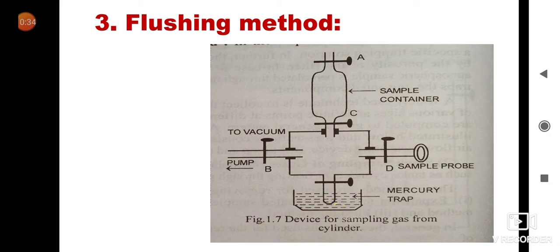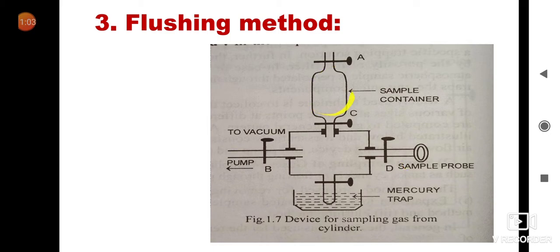The sample probe consists of a long tube which is inserted into the container from which the gas is removed. In between, there is the delivery line, which is used for the sample.